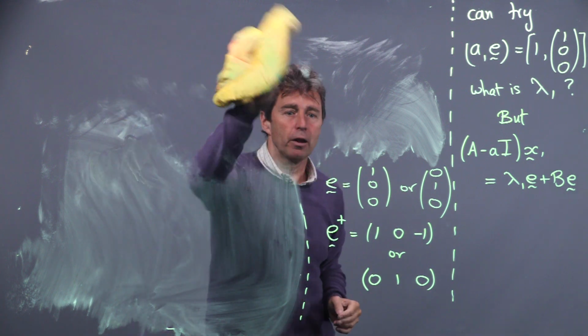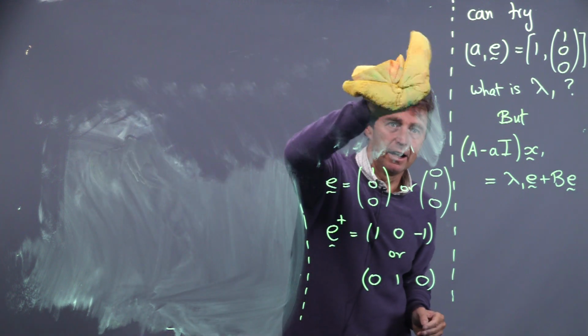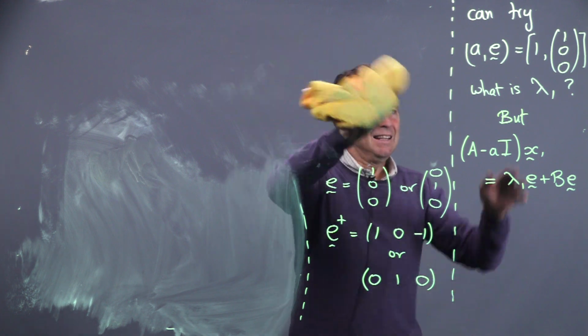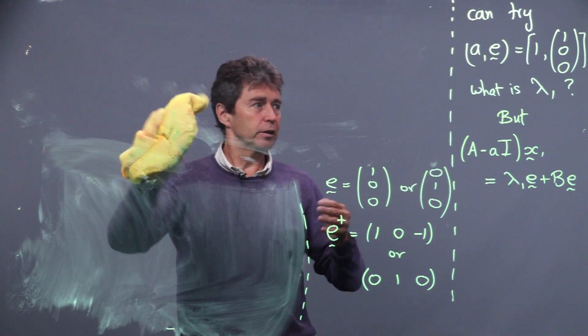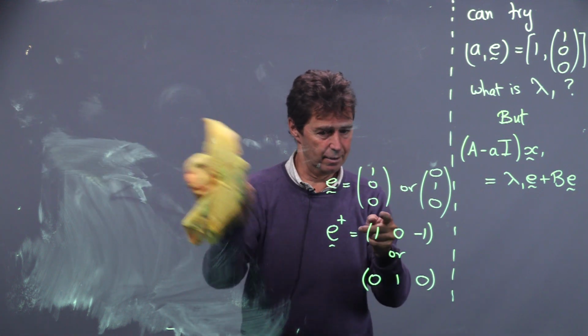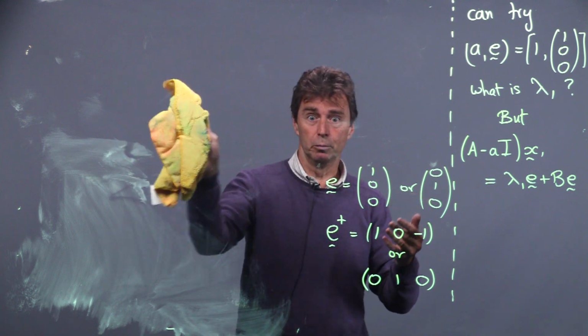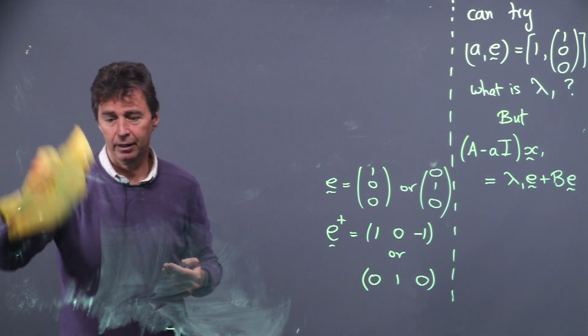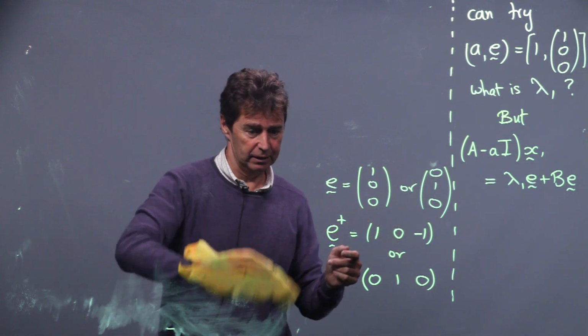When I went through, what we said was that the leading order solution corresponded to one of these pairs. The eigenvalue was 1, and then I had an eigenvector. But there are two possibilities. And so maybe I shouldn't have been so cavalier in picking only one of these things.